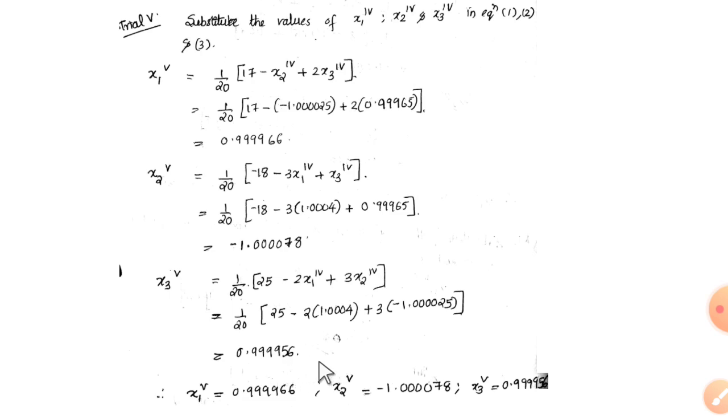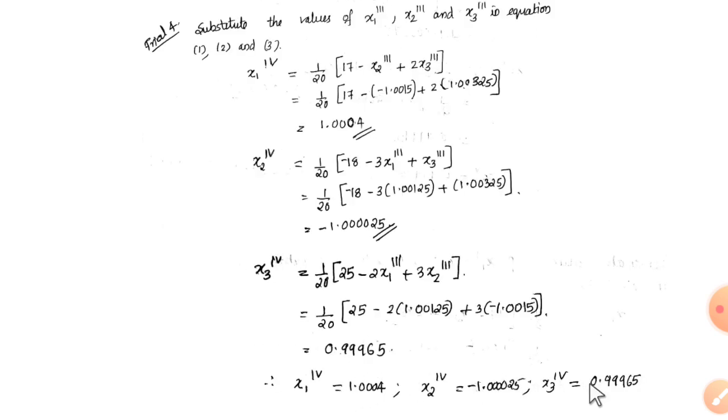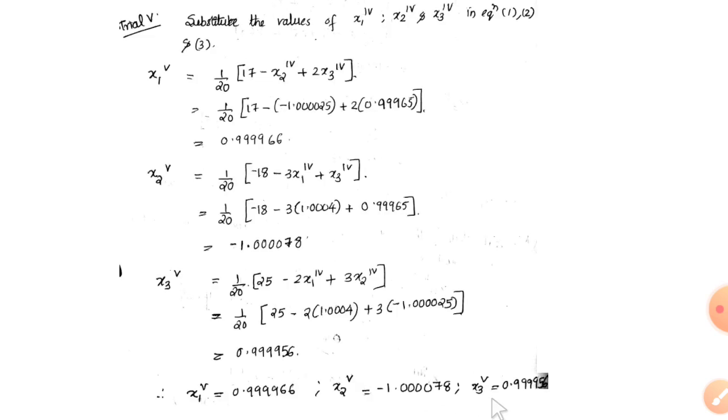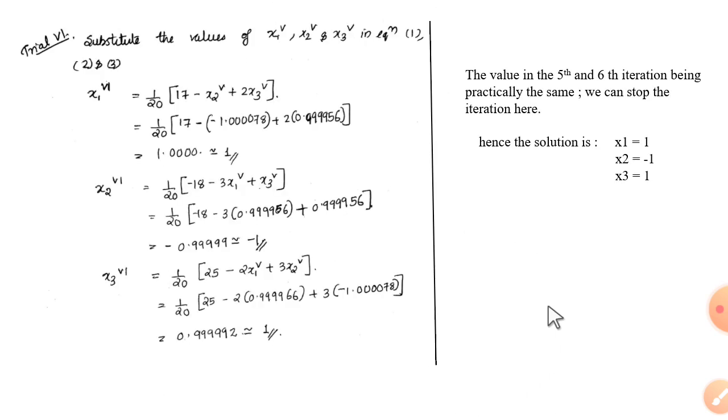Since these values show a variation, you have to go for another trial. In trial 6, you get the values 1.000, minus 0.999 and 0.99992.